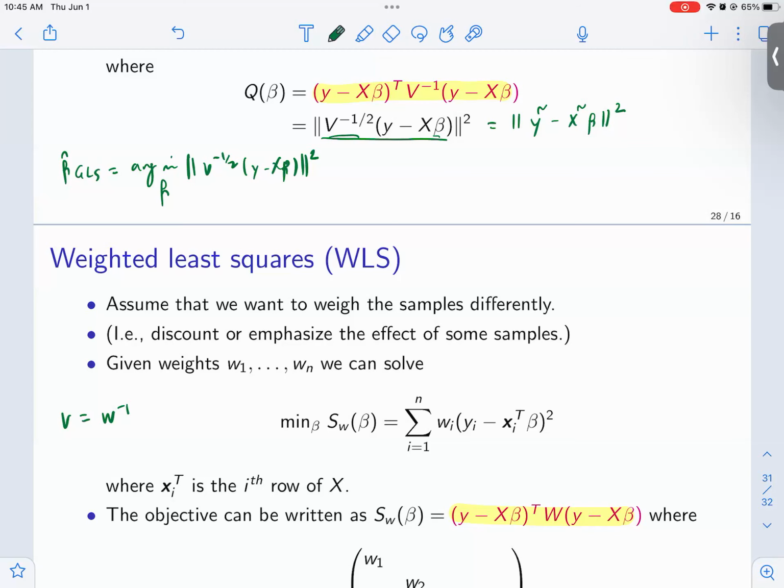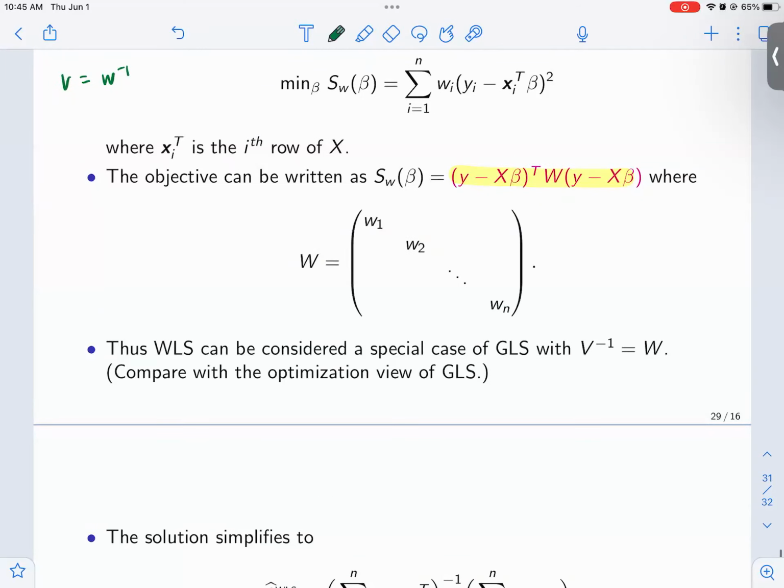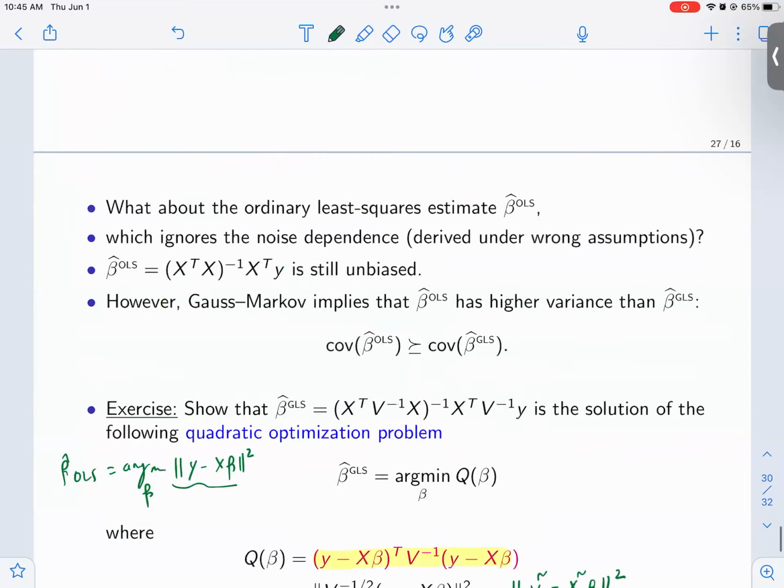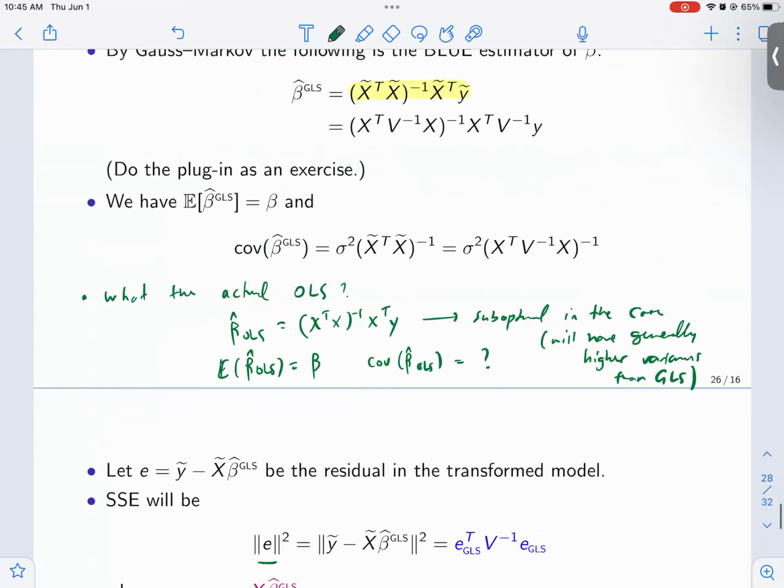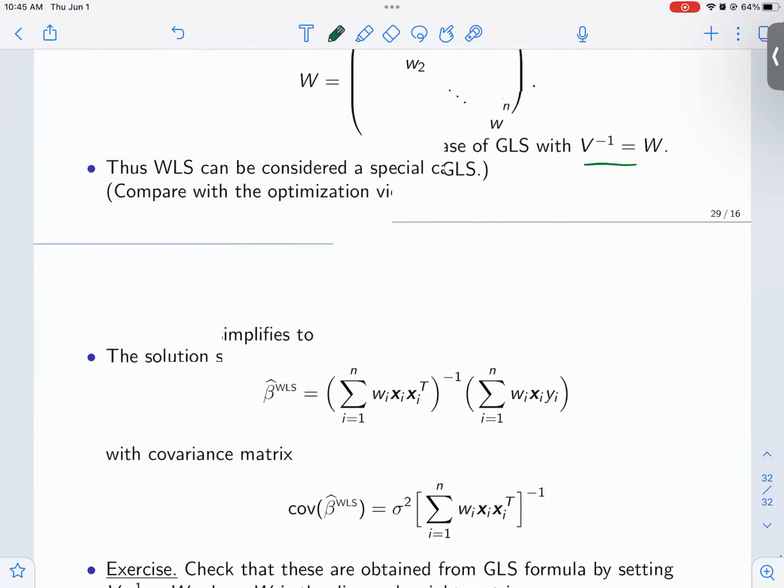So I can use the GLS formalism, where V inverse is W, to do weighted least squares. In this particular case, all the things that we discussed apply. The solution would look like this, but for V inverse you plug in W, and that gives you the solution of weighted least squares.